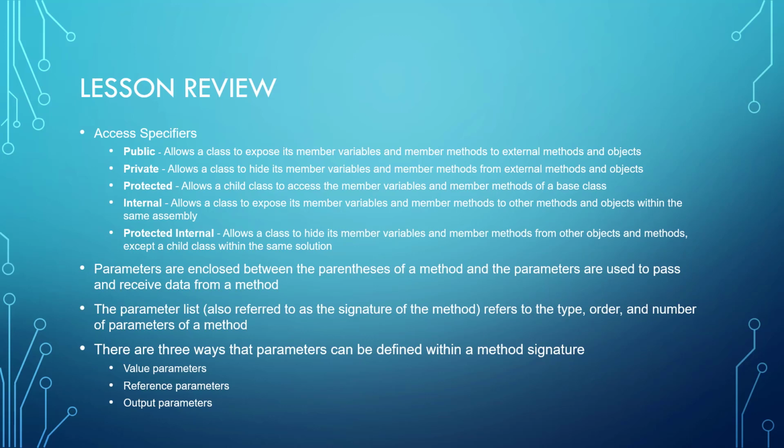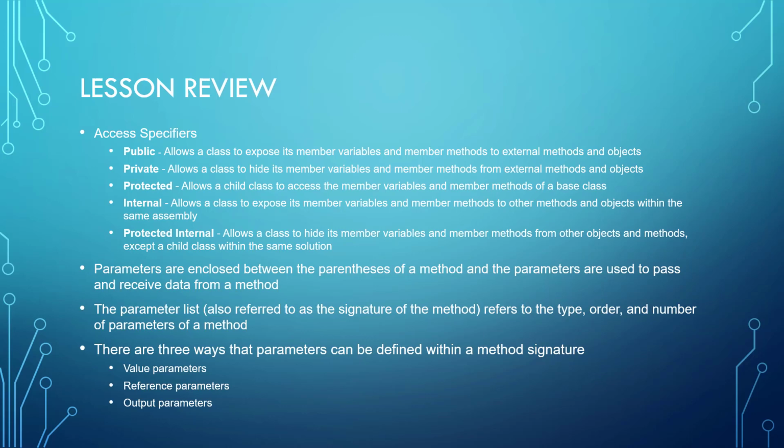Protected allows a child class, which we'll get into later when we get more into classes and object-oriented programming, which is coming. We're not far away from that. But this allows a child class to access the member variables and member methods of a base class.